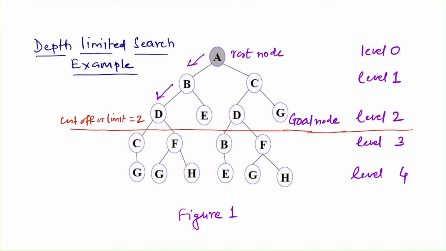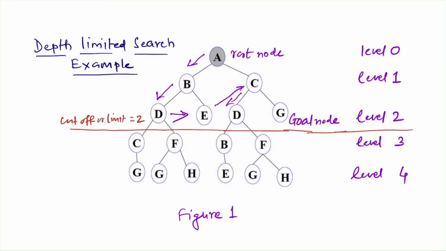So it will go to E node, and then it will backtrack and go to C node, because again E is at level 2, or here the limit is reached. So it will backtrack and go to node C. Then C will be expanded and it will go to D. Again at D, we'll check whether the limit is reached or not.